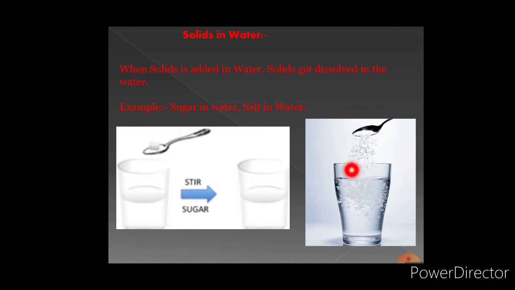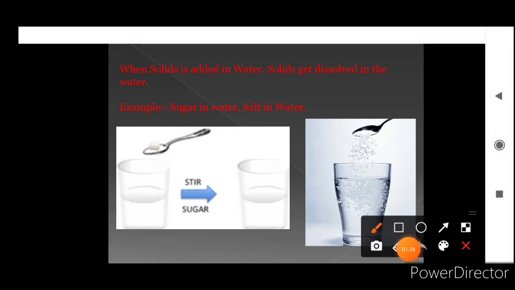What can you see? We obtain a salt solution or a sugar solution. The substance present in more amount in this solution, whether liquid or solid, is known as the solvent.